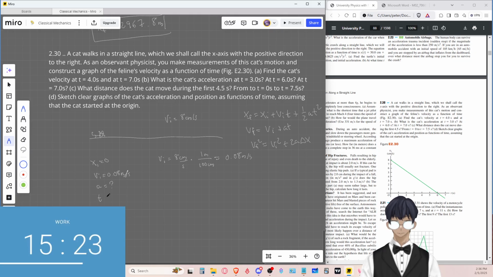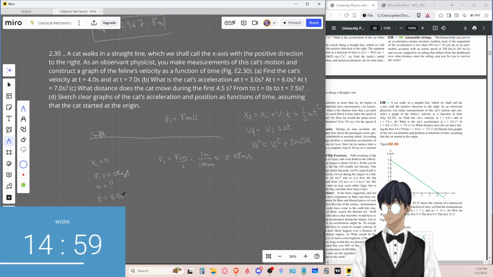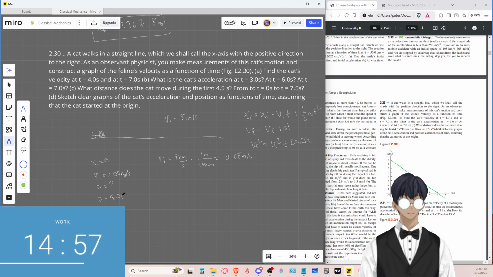We do know the time we want to use, but we don't know its final position. That's the one thing. Because right now we want to target 4 seconds. But we do have to figure out its acceleration. We can't assume its acceleration is 0.